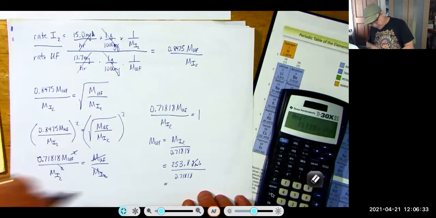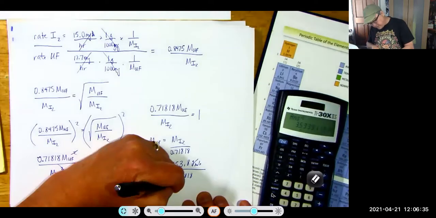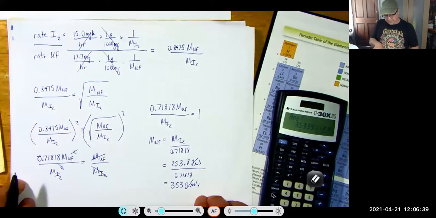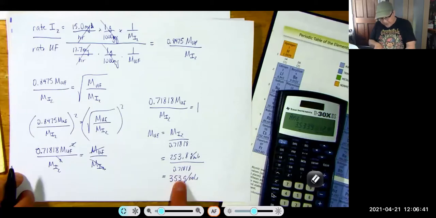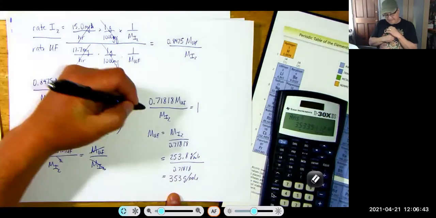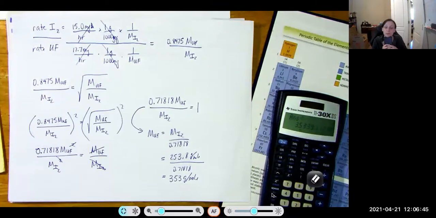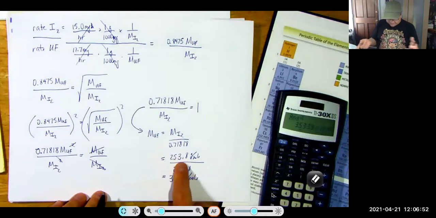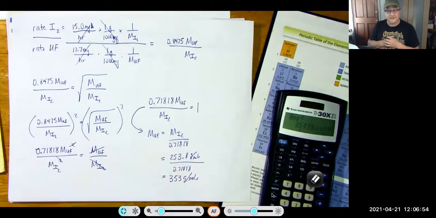And so we get 353 grams per mole. So do you see how this becomes that? Yeah. And then here, I'm simply putting the molar mass of I2 in, and we get 353.